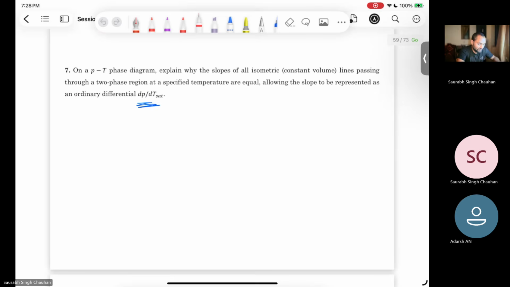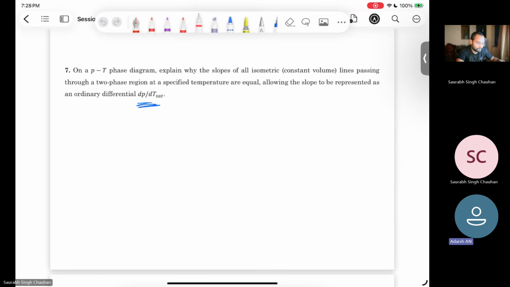On a PT phase diagram, explain why the slope of all constant volume lines passing through the two phase region at a specified temperature are equal, allowing the slope to be represented as an ordinary differential, dP by dT saturation. Actually, V we cannot draw. Only P and T can be drawn.